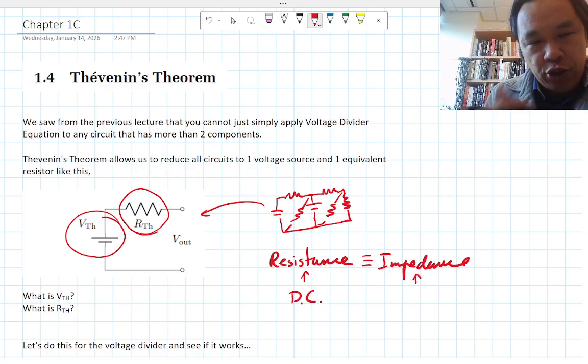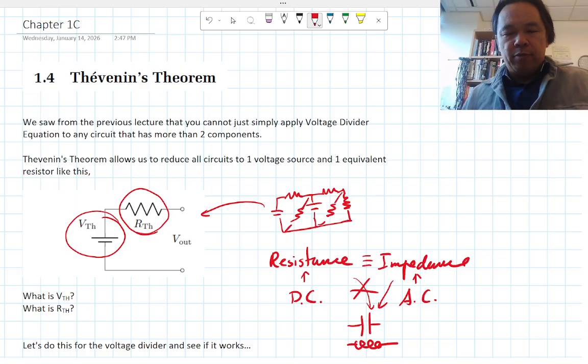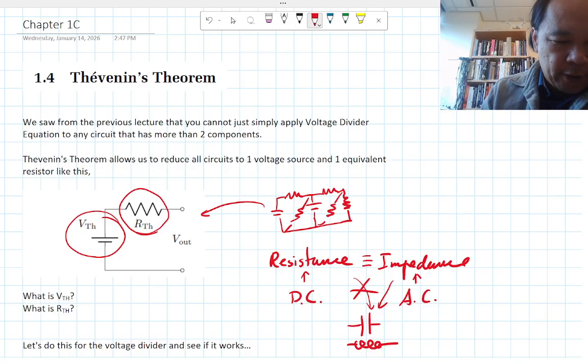Impedance is basically a generalized version of resistance, but this works for AC circuits because when we start adding capacitors or inductors into our circuit, these don't have resistance as a definition, but they do have impedance instead. So impedance is just a more generalized version of resistance.